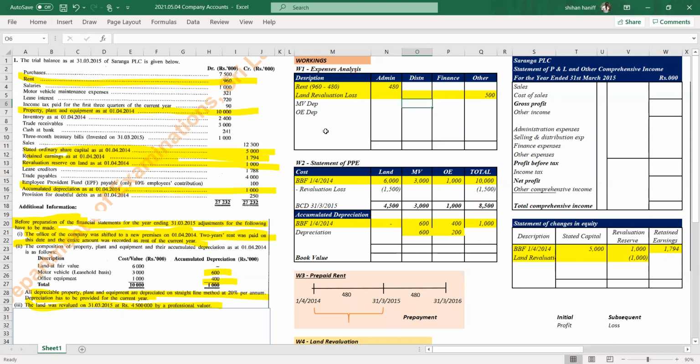Motor vehicle you can take under distribution. Normally, in the question, if you have motor vehicle, take it under distribution because motor vehicles are mostly used for distribution purpose, delivery purpose. Office equipment, take it 200. Right.